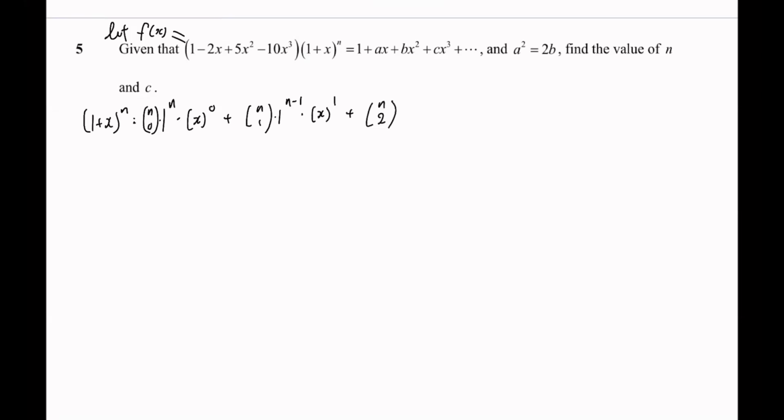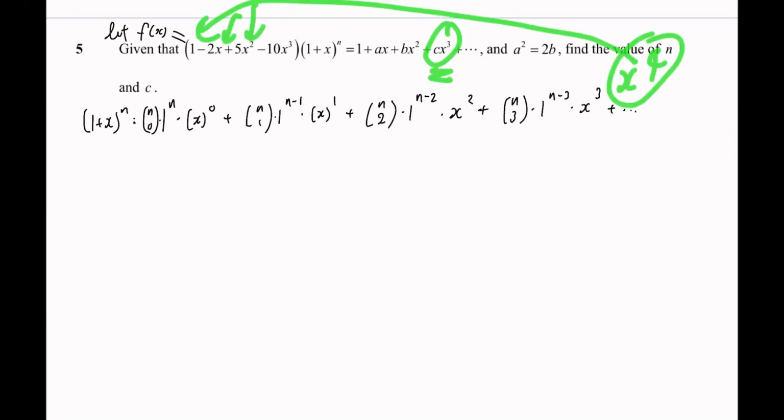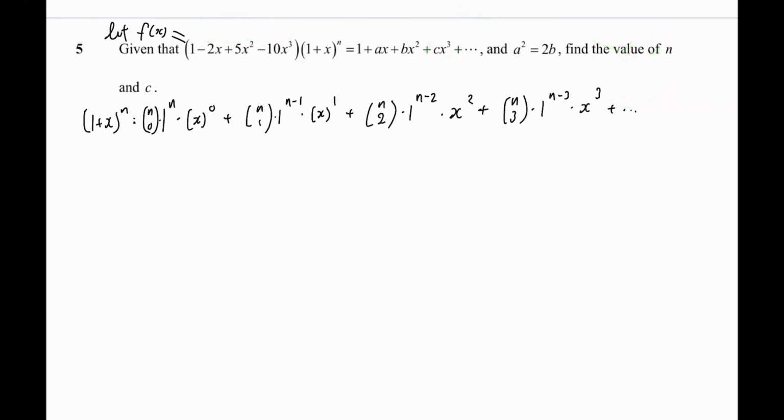Then n choose 2 times 1 power n minus 2 times x power 2. And of course the cubic one. n choose 3 times 1 power n minus 3 times x power 3 plus dot dot dot. I don't need to go to x power 4 and beyond because I just need until x cubed. X power 4, you multiply by anything else, the power will become bigger than x cubed. So don't need, just put plus dot dot dot.